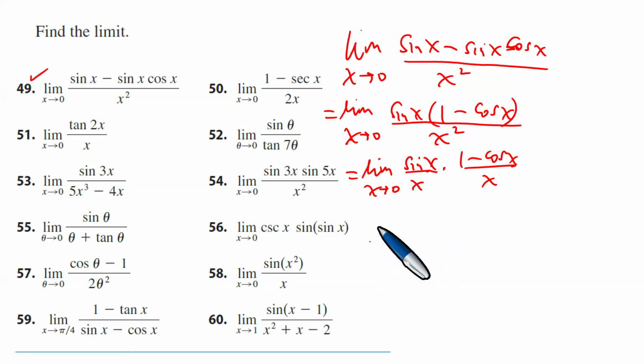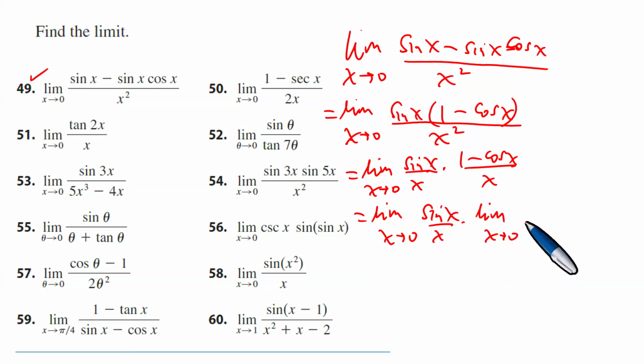What we do is split this limit: the limit as x approaches 0 of sine x over x, and the limit as x approaches 0 of (1 minus cosine x) divided by x.